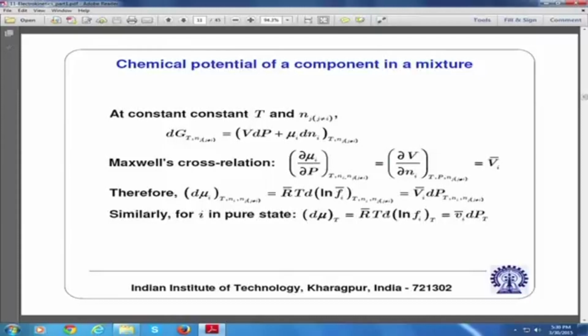Eventually we get that d mu I is equal to V I bar dP, which is the partial molar volume into dP at constant temperature and all n's fixed, and by definition d mu I is equal to RT d ln f bar I. That is the definition. So with this point let us go ahead.